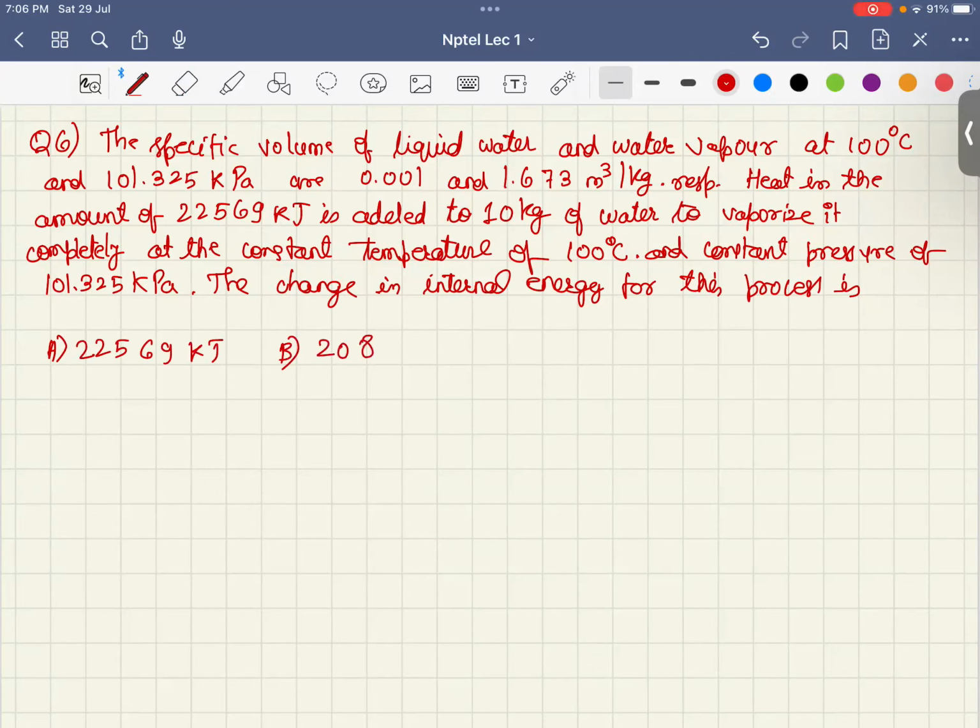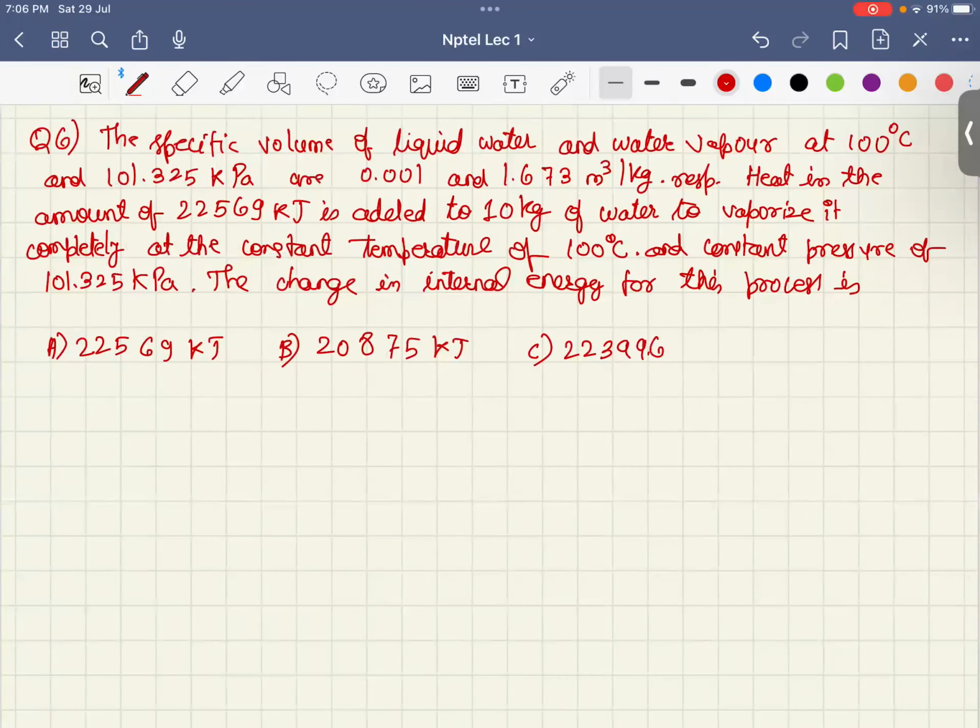Option B, 20875 kilojoule. Option C, 22399.6 kilojoule. And option D is 24263 kilojoule. Right?